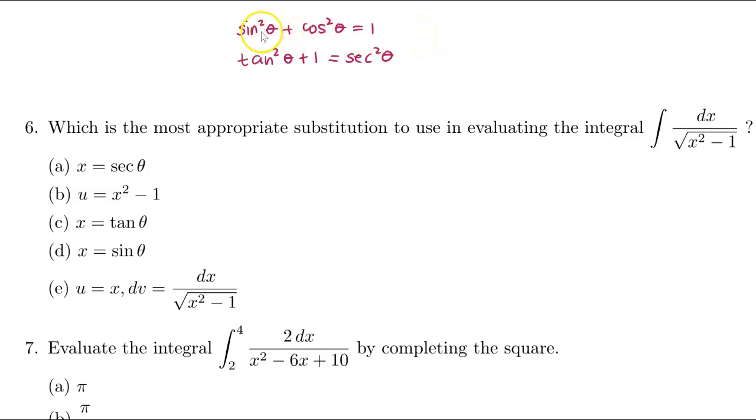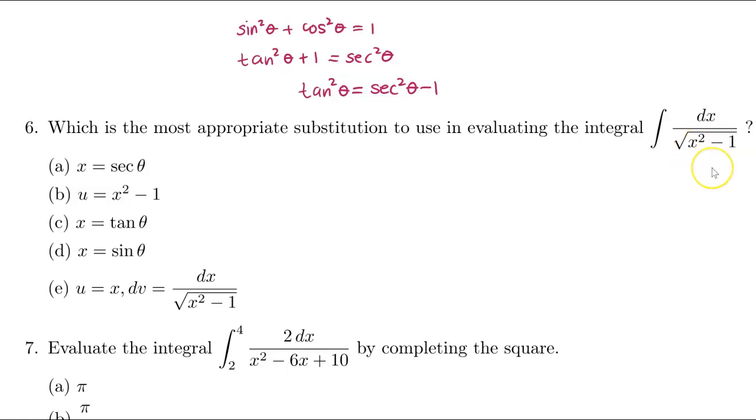The same is true for sine squared. So that makes it actually the second identity, because I already have here a u squared, a variable. If I move this 1 to the other side of the equation, I will have tangent squared theta equal to secant squared theta minus 1. That would be what I'm going to use here.